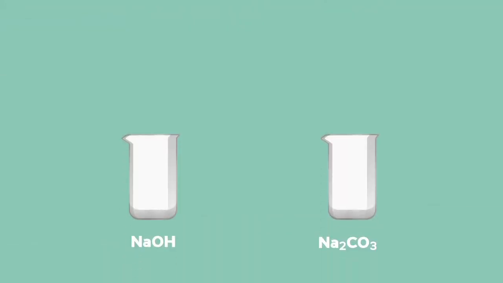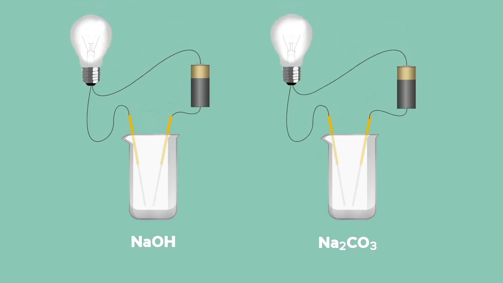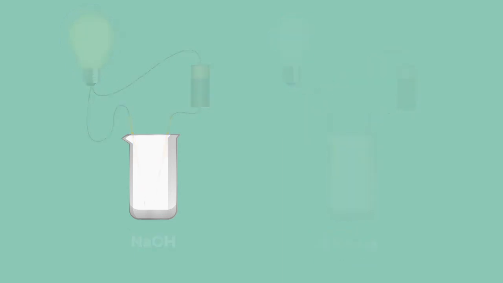Strong and weak bases exhibit similar properties to strong and weak acids in terms of their conductivity. Sodium hydroxide is a good conductor, whereas sodium carbonate has low conductivity. Strong bases are better conductors than weaker bases because they dissociate almost completely in water.